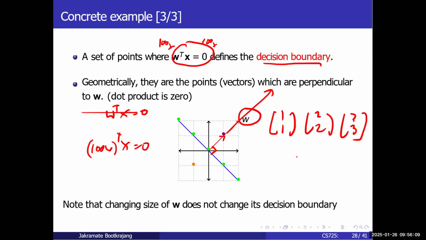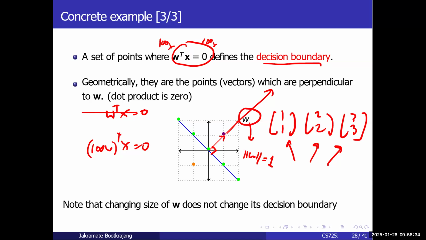And when you have different solutions, you have to be able to evaluate which solution is better. Because they are equivalent, we can just make sure that our weight has norm one.